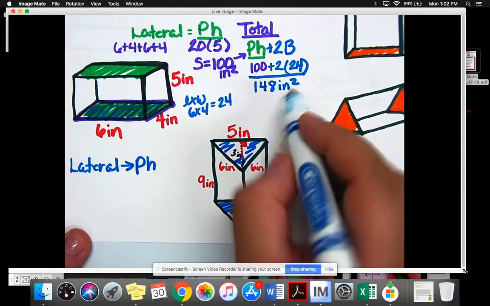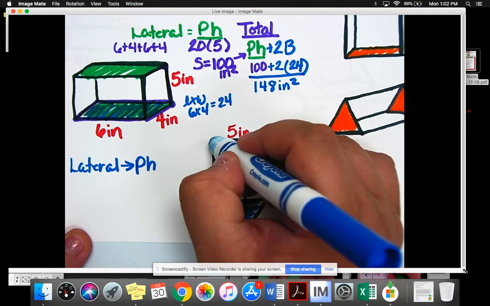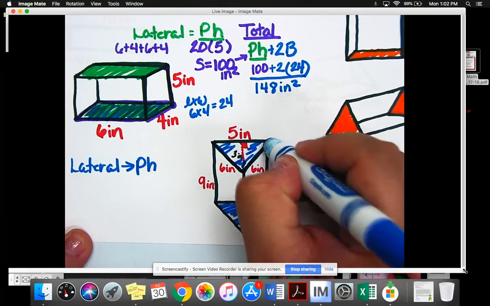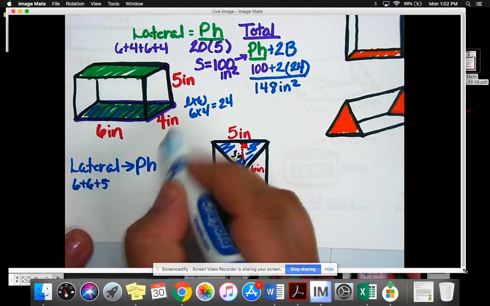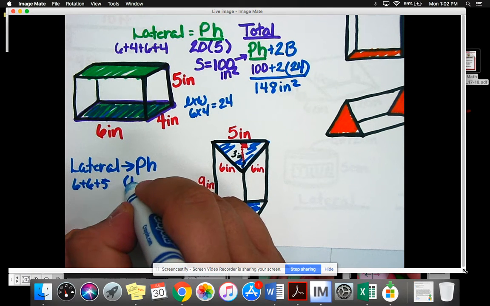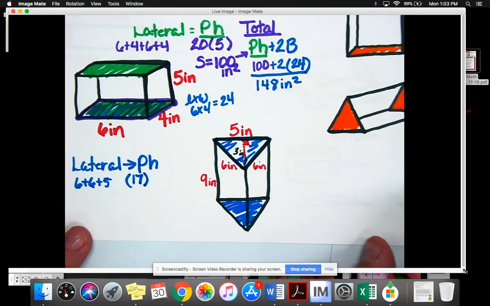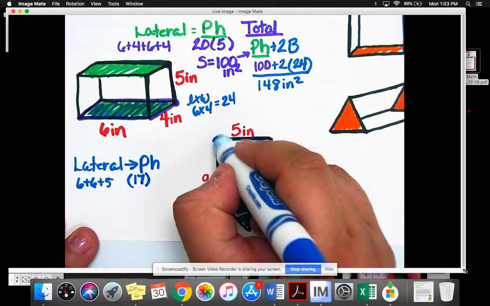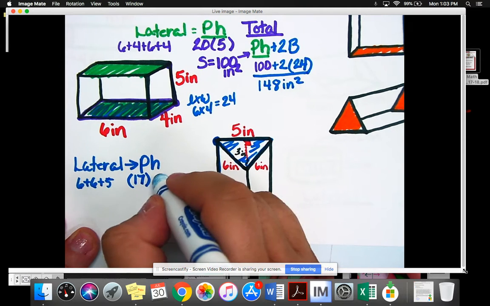The perimeter of the base, you look for your triangle and you add up all 3 sides, the sum of all the sides. So 6 plus 6 plus 5, that gives you 17. 17 for your big P, the perimeter of the triangle, plus the height. The height is the distance from one triangle to the other triangle, and that is 9.